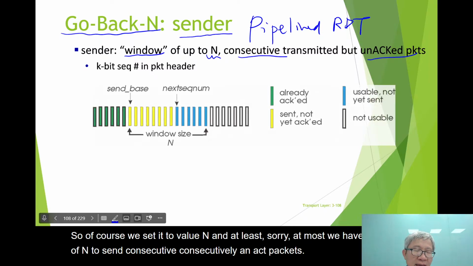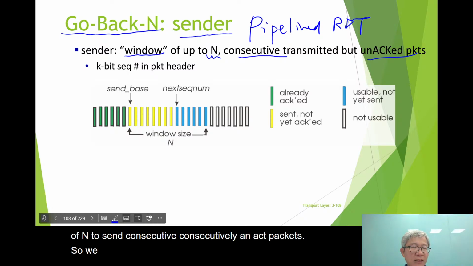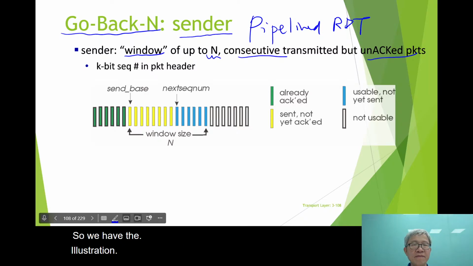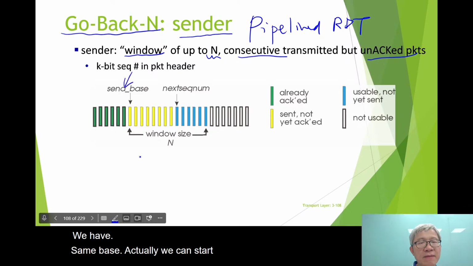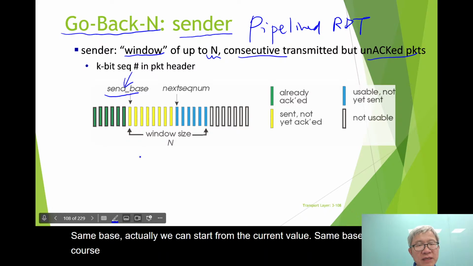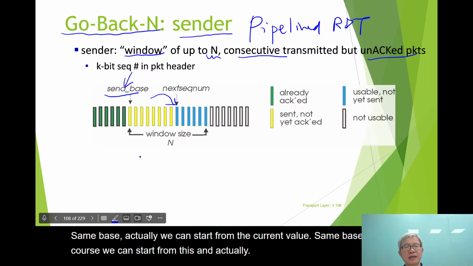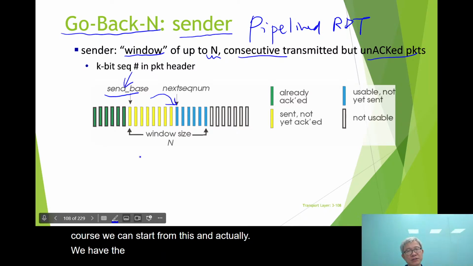Here we have an illustration. We have the base, which is the current starting value. And we have the pointer of the next sequence number.